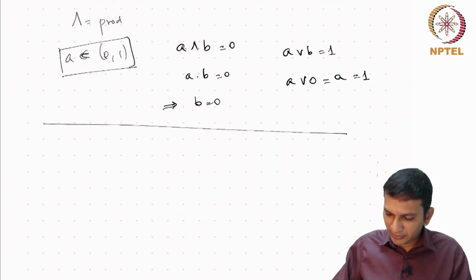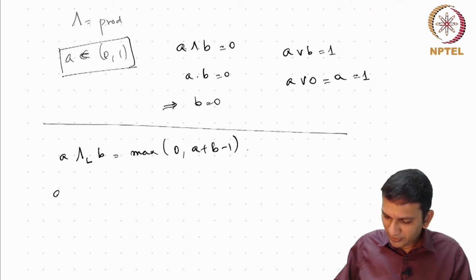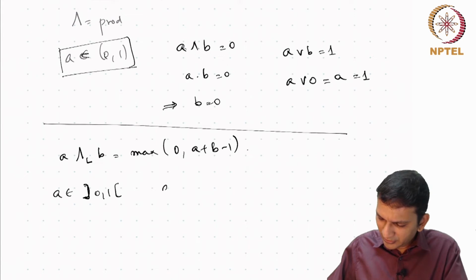So it is given as A and B is maximum of 0, A plus B minus 1. Now once again, consider A coming from open 0, 1. So we ask the question, does there exist a B such that A may be 0?